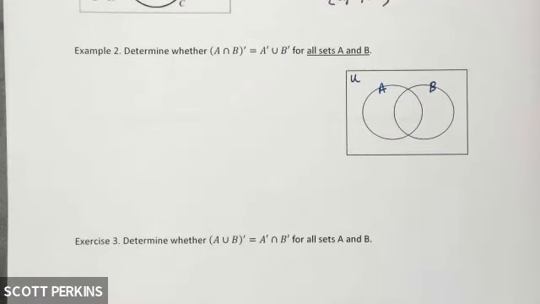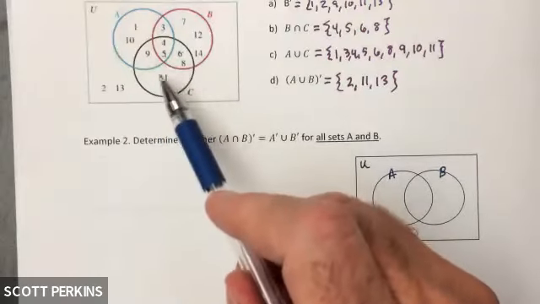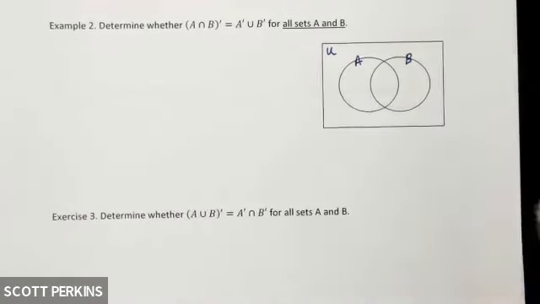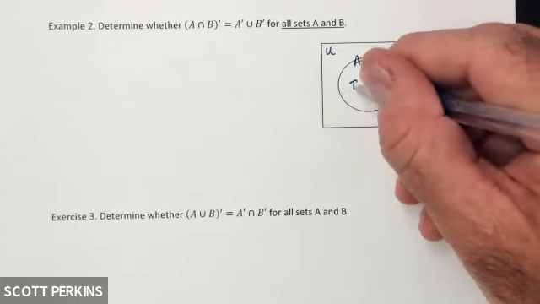If you want to use other labels, your conclusions will come out the same. The reason our book uses Roman numerals is so that you don't confuse them with the numbers up here and think they're elements. So anything that's A only, I'm going to say is in region I.